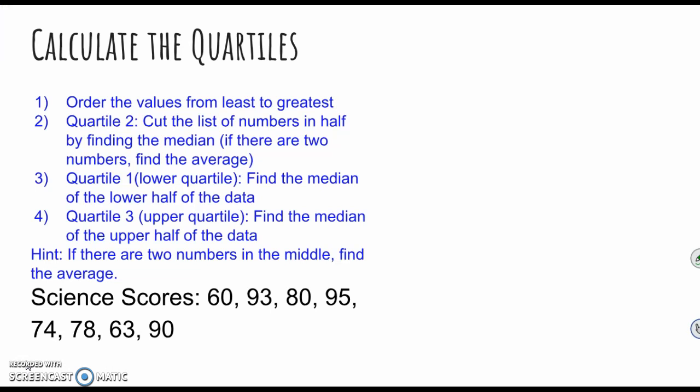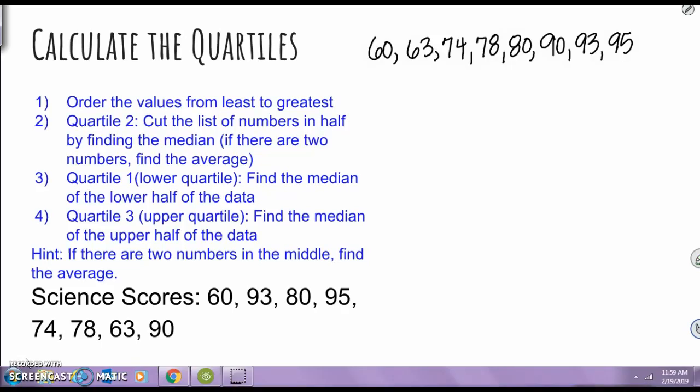Now we are going to calculate the quartiles. Here we are going to be looking at quartile 1, the lower quartile, quartile 2, the median, and quartile 3, the upper quartile. First, we need to put our numbers in order from least to greatest.